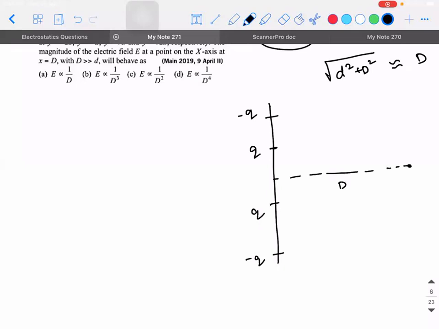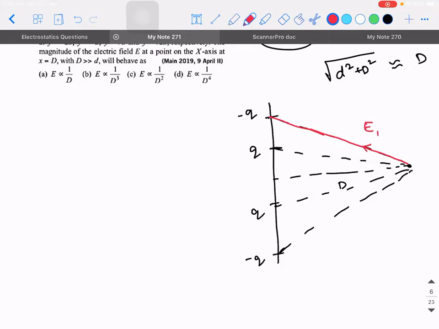This is the distance capital D. Due to the negative charges, what is the direction of electric field? It is in this direction.